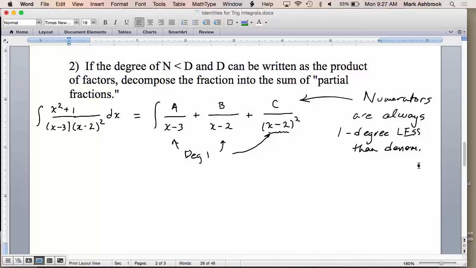If we just did the first two, what would our common denominator be? It would be x minus 3 times x minus 2, not x minus 3 times x minus 2 squared. So another possible factor of this denominator is x minus 2 squared. We have to include that as a potential fraction that's added into these to get that.